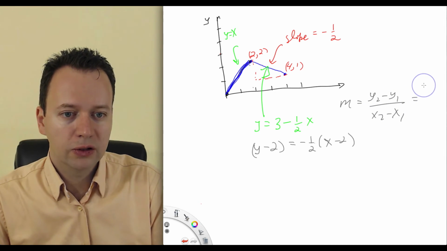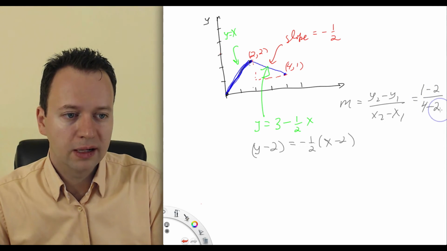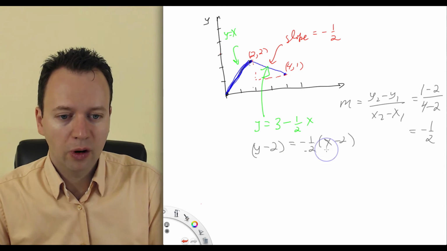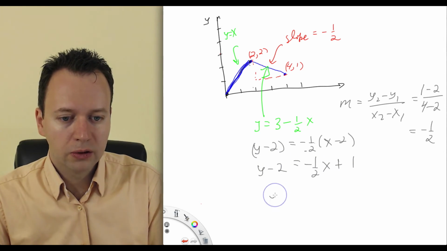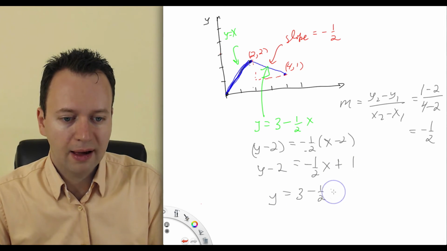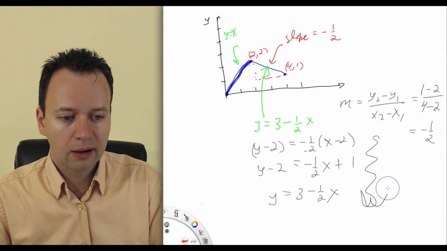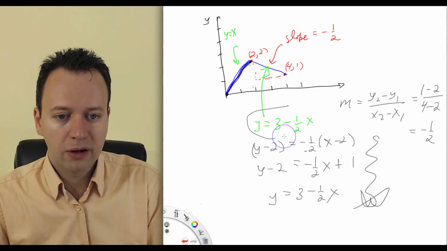So that's 1 minus 2 over 4 minus 2, which is minus 1/2. And then in your point slope formula, you can distribute the minus 1/2, so you get minus 1/2 x plus 1. This is y minus 2. So y is equal to 2 plus 1, which is 3, minus 1/2 x. So you can do some work to do the same thing, but you saw how I did it earlier.